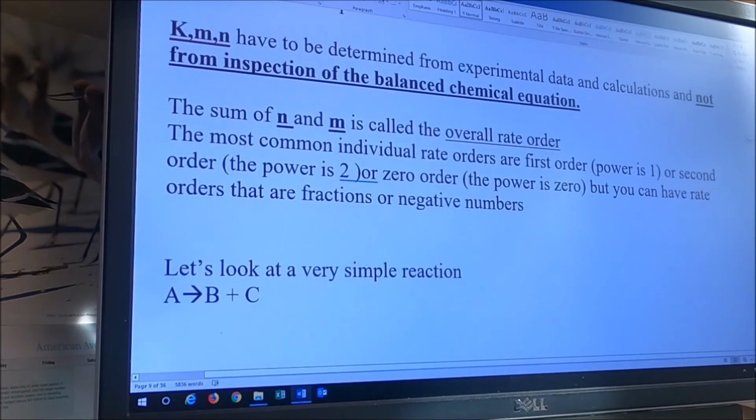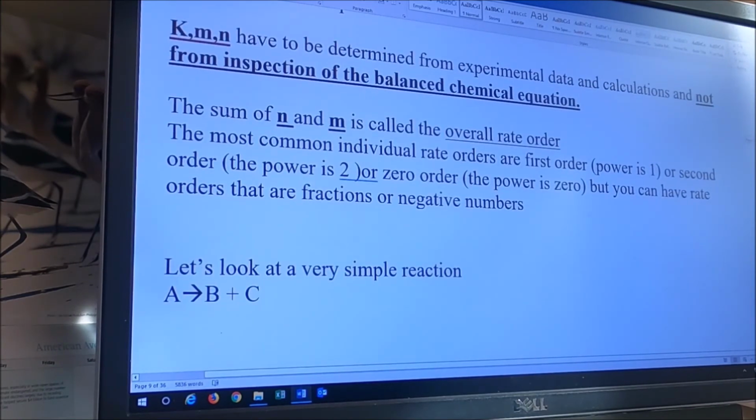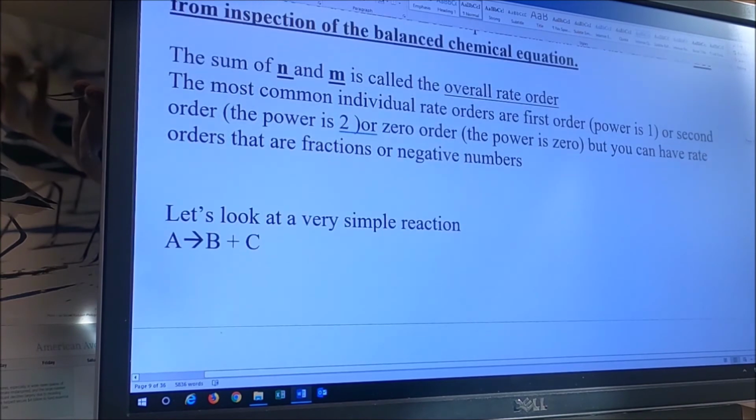The sum of n and m is called the overall rate order. The most common individual rate orders are first order, which is a power of 1, second order, a power of 2, or zero order, where the power is 0. But you can have rate orders that are fractions or negatives. We're just going to avoid those.